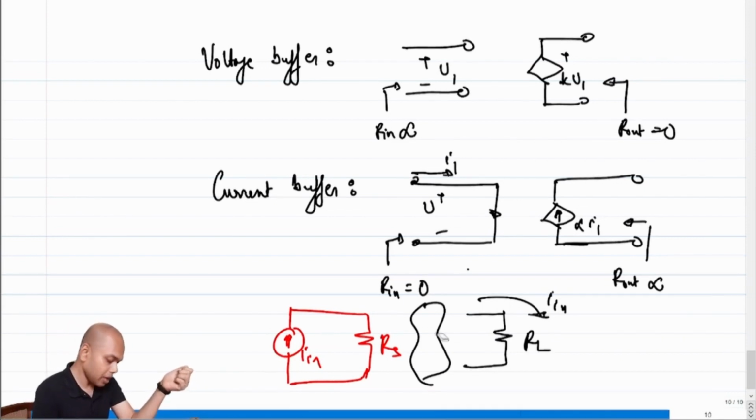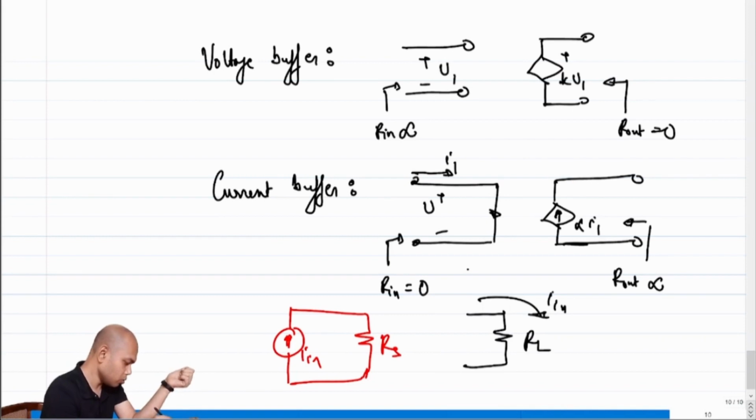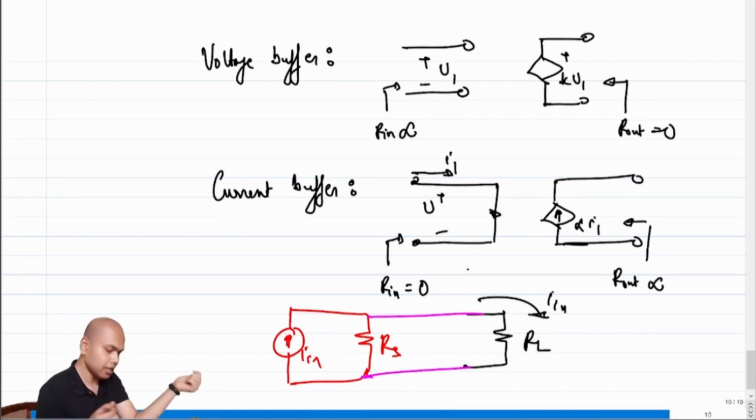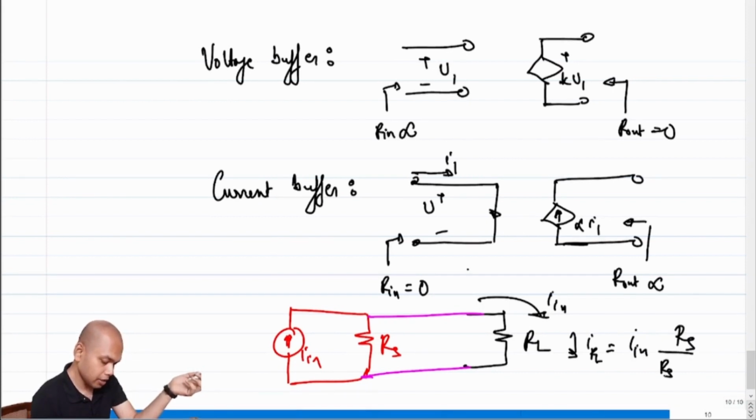So if I simply connect these two, what happens? There is a current division that happens, right? And the current that will flow, that is IRL, will be I in times Rs by Rs plus RL.